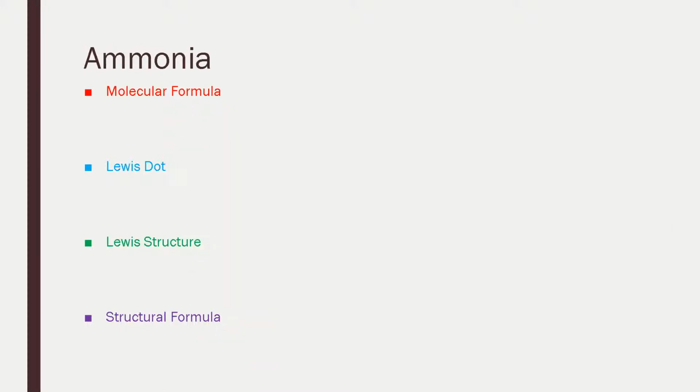Next, we have ammonia. The molecular formula for ammonia, which is usually given to you, is NH3. Now, our Lewis dot is going to have N in the middle and 3 H's surrounding.